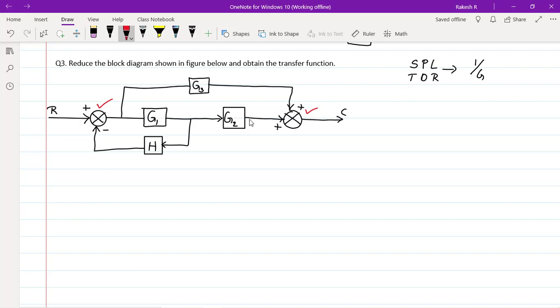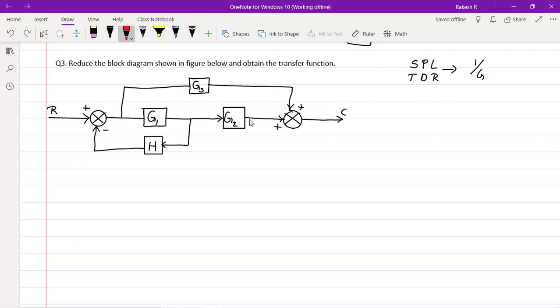There is no block towards the left of this summing point, so this cannot be taken as a case.